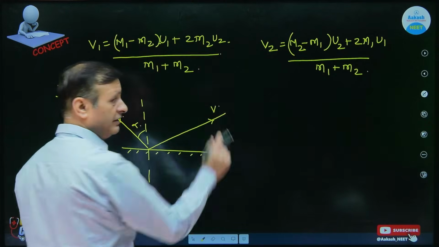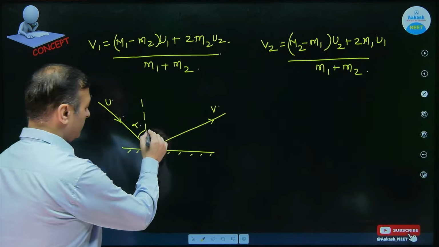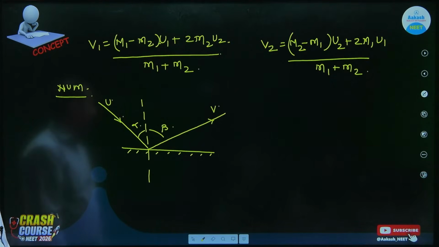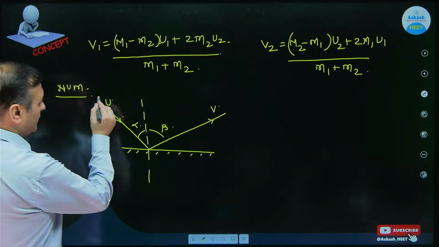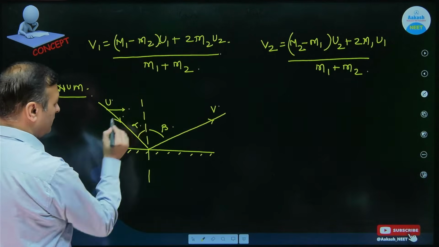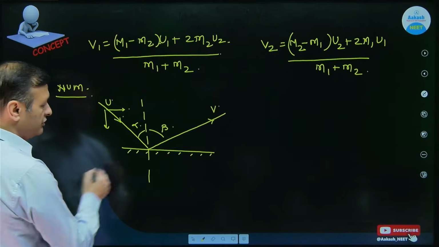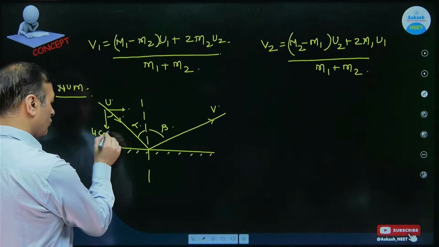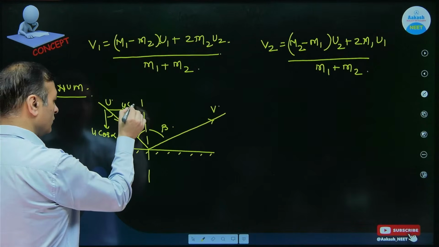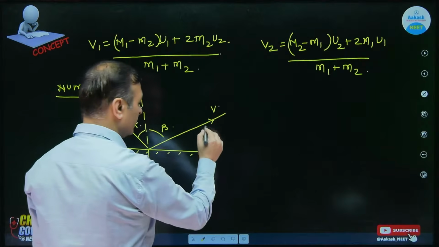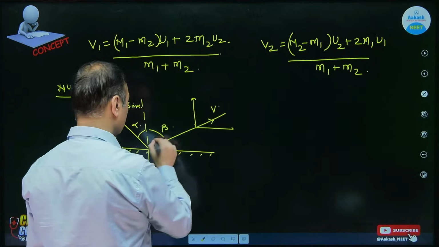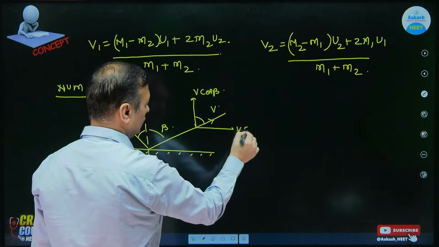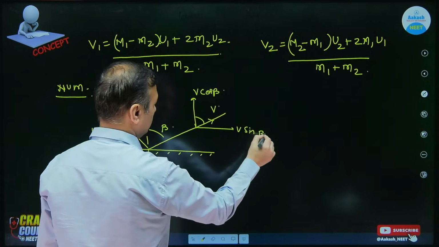It moves with speed v, maybe at an angle beta. Got it? Then if I define the components of the initial speed, this is u cos alpha and this is u sin alpha. For the final speed, this is v cos beta and this is v sin beta. Got it?